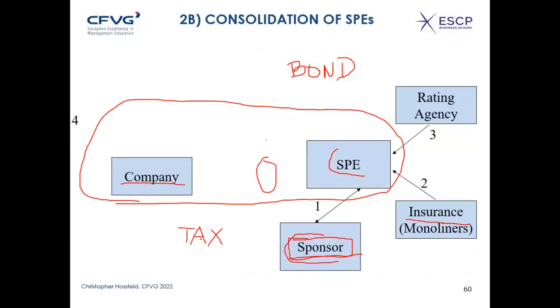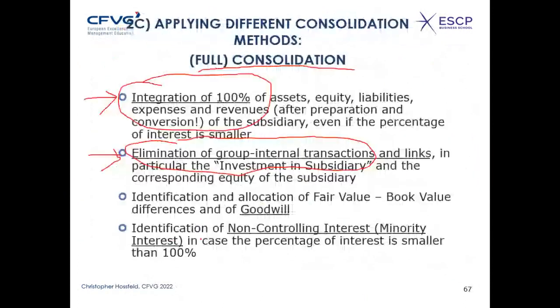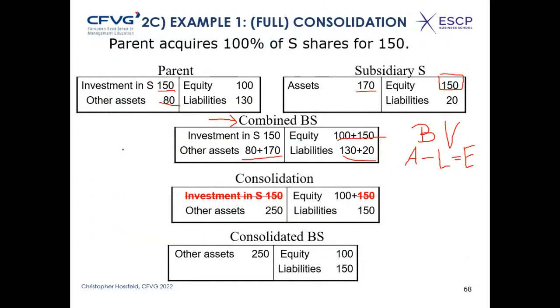And in order to get there, well, since I add up all the numbers in the first place, that includes internal as well as external transactions. In the next step, and that's the heart of the consolidation, I need to eliminate all group internal transactions and relationships. That means I need to check in the combined balance sheet what is internal, what is external.